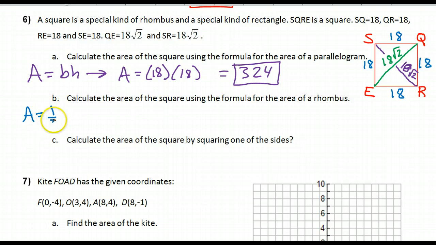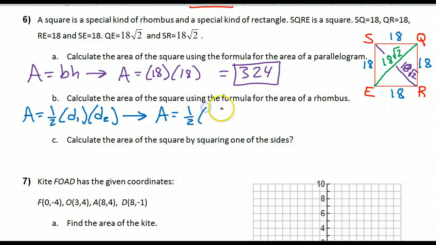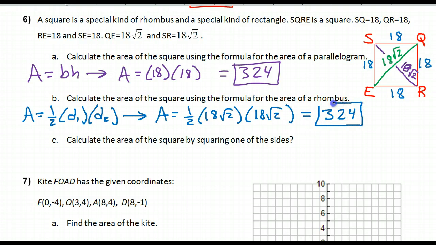So area is 1/2 diagonal times diagonal. So that means the area is going to equal 1/2 times 18 radical 2 times 18 radical 2. Guess what happens if you put that in your calculator? You're going to get 324 again. Which you should. The area of a shape should be the same regardless of how you calculate it.